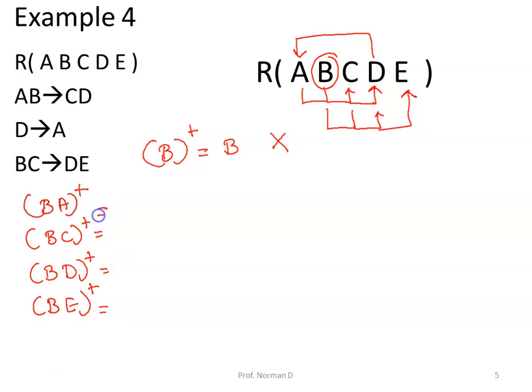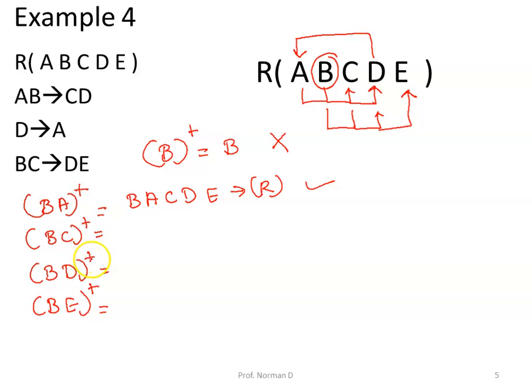When we calculate the closure on BA, BA gives us BA, AB gives us CD, D gives us A, BC gives us DE. So here we are getting the relation R.